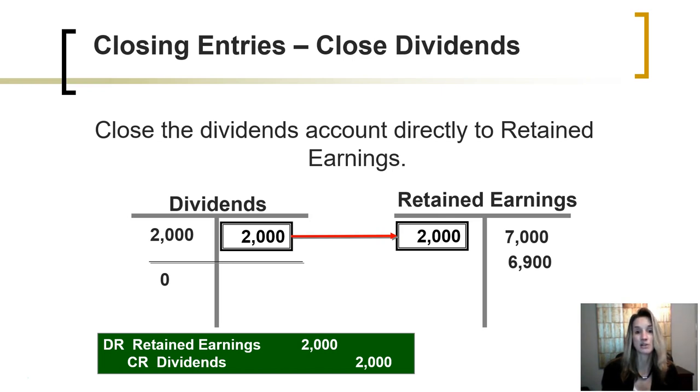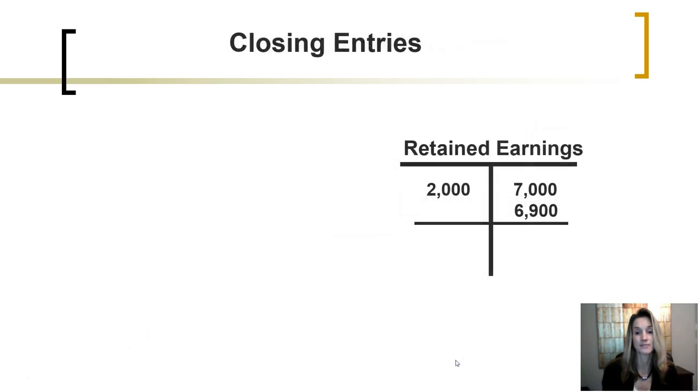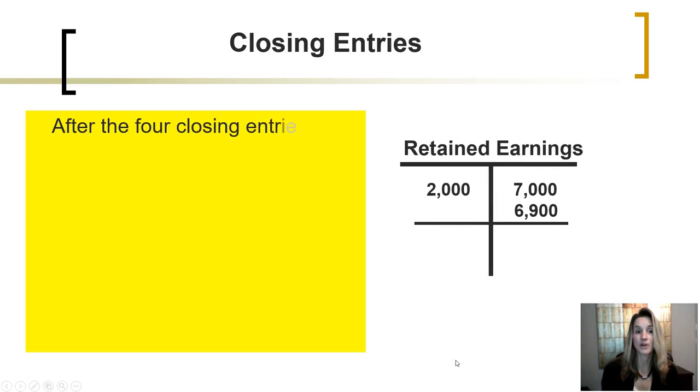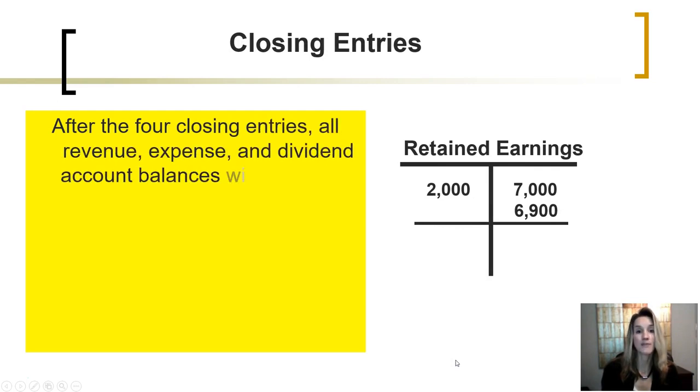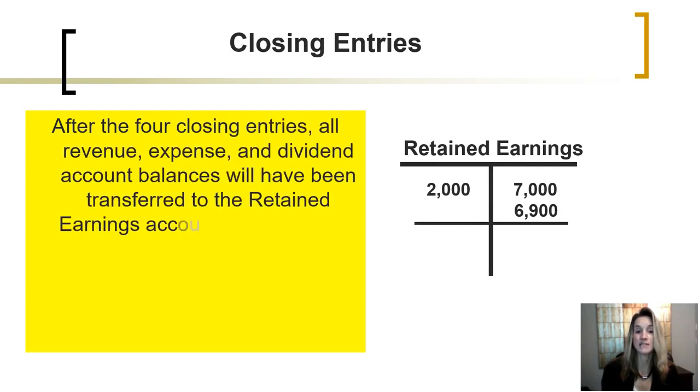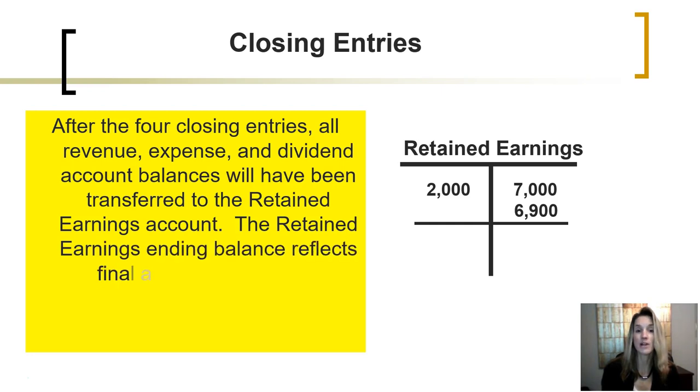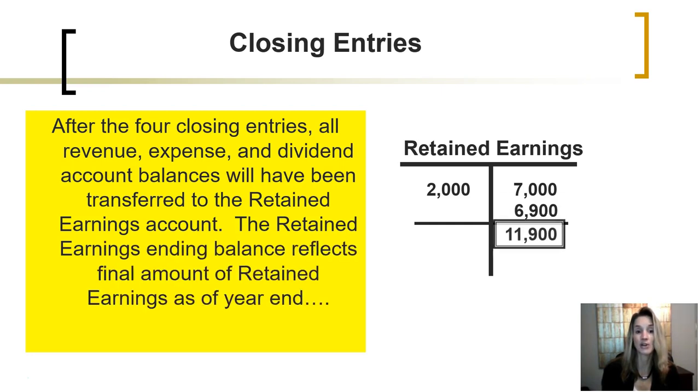But dividends are closed directly to retained earnings. Thus, after the 4 closing entries, all revenue, expense, and dividend account balances will have been transferred to retained earnings. And that retained earnings ending balance reflects the final amount of retained earnings as of the end of the year.